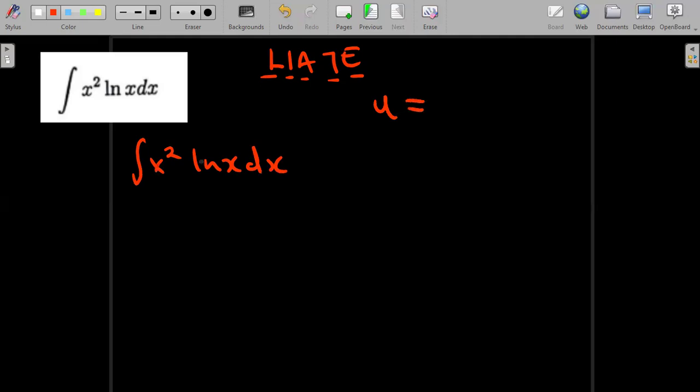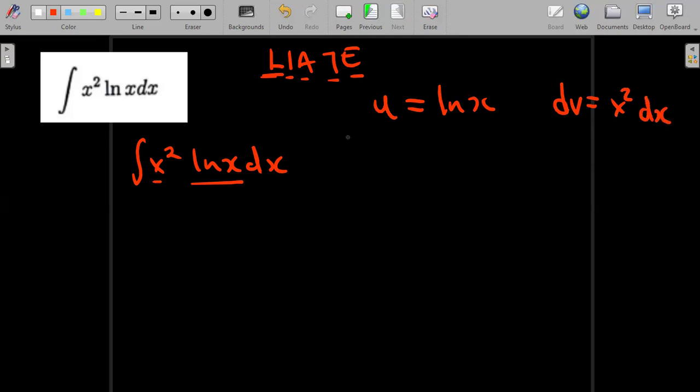So you check, do I have a logarithmic function in here? Of course I have ln of x. So this is what you are going to say is your u. Then everything else that remains is going to be your dv. So dv is x squared dx, like that.